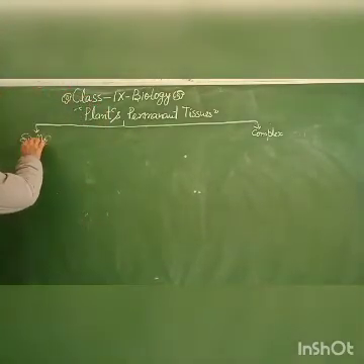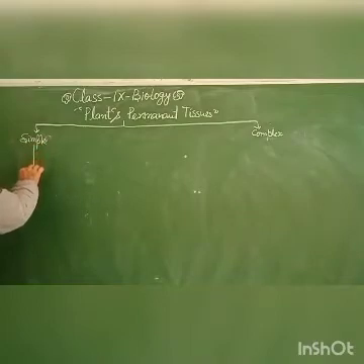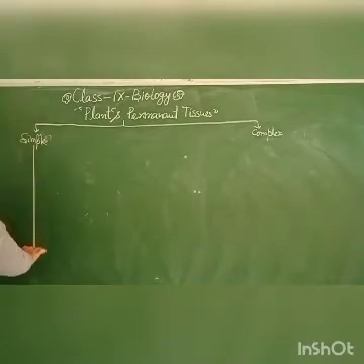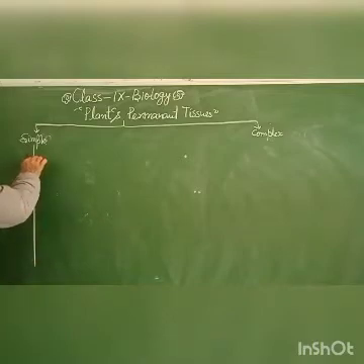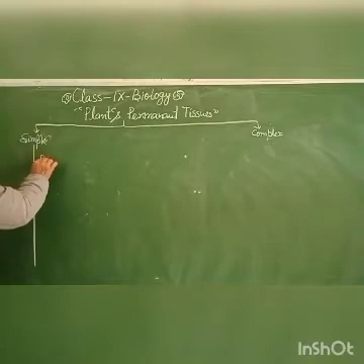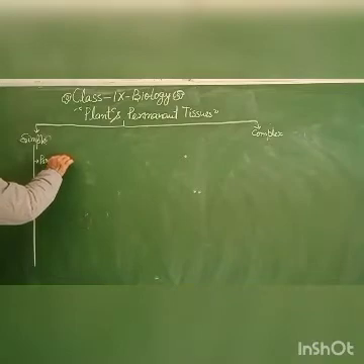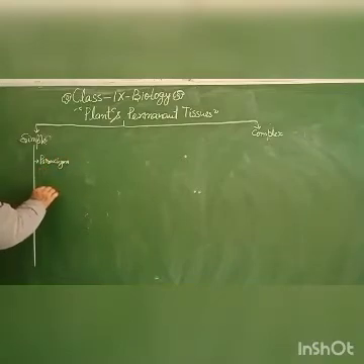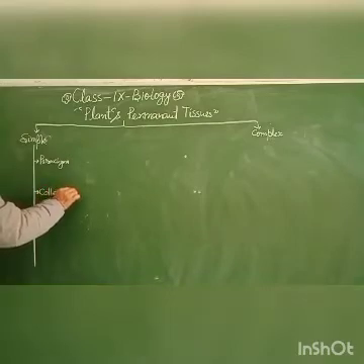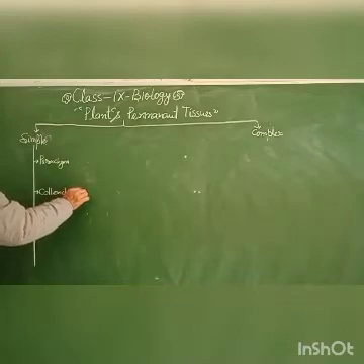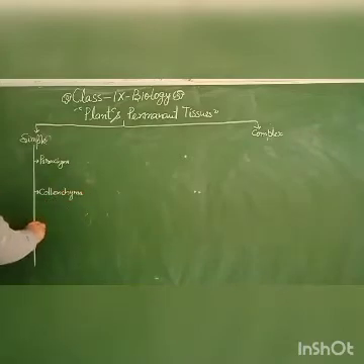Here we come to the simple. Simple permanent tissues are of three types. Number one, parenchyma. Number two, collenchyma. And number three is sclerenchyma.